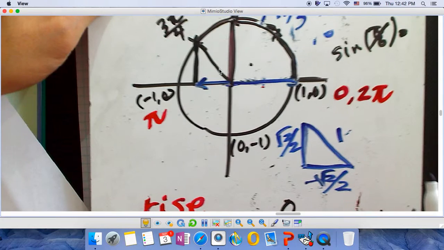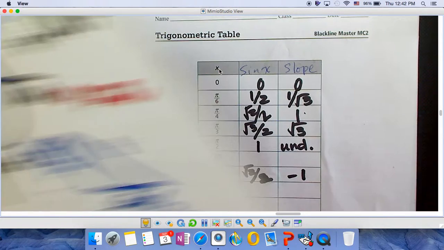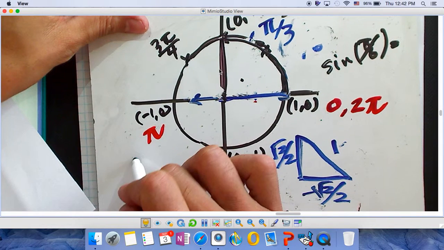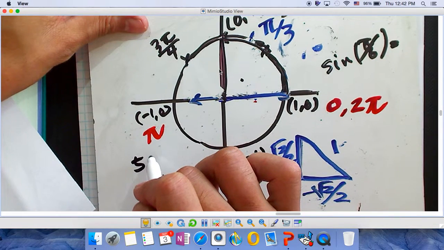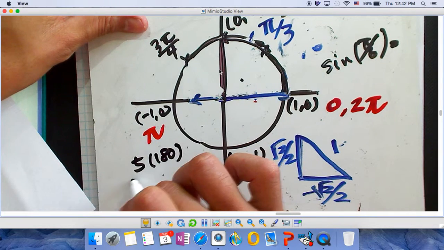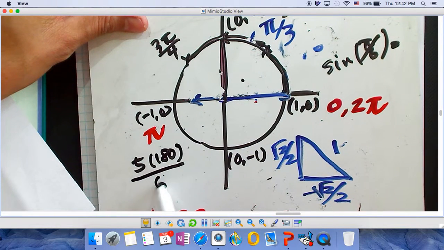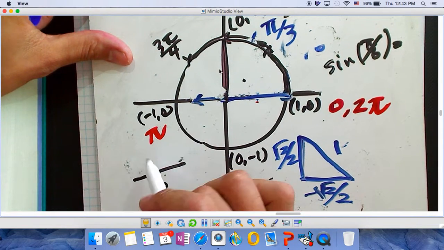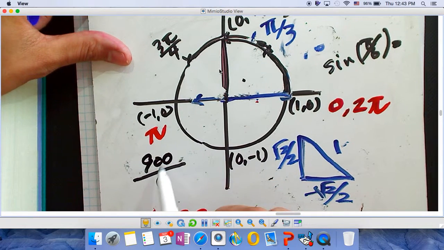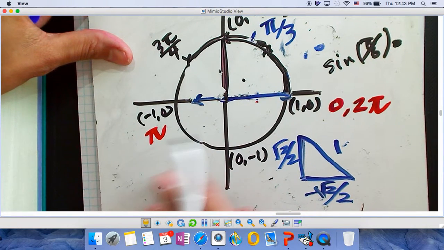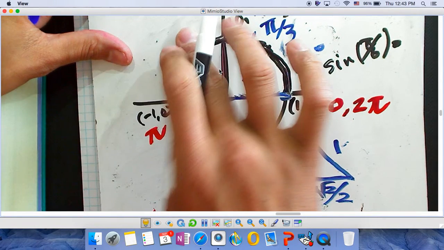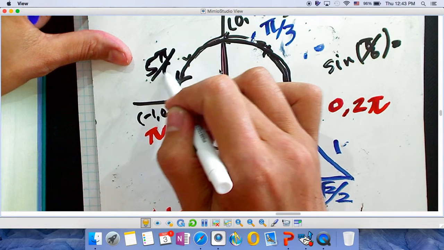So let's look at 5 pi over 6. 5 pi over 6 is how many degrees? First of all, pi is 180 degrees, right? So 5 times 180 is 900, divided by 6. That's going to be 150. So we travel 150 degrees, which in radians we say 5 pi over 6, right there.